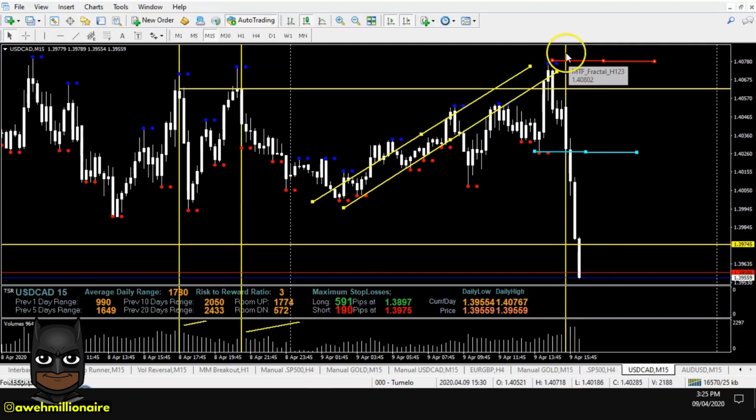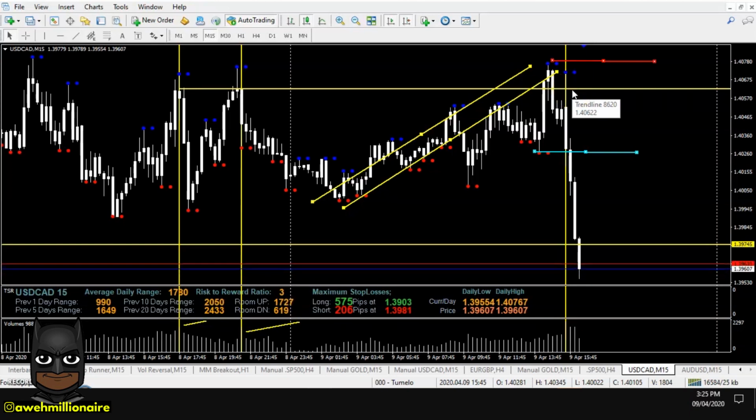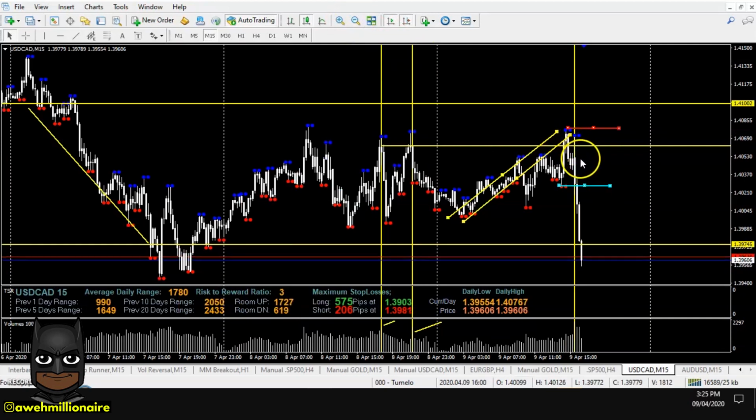So price came out, shot through the level, shot past, tested the level and shot down with high volume. So we already know that the banks were supporting this trade, and then you just let the banks do the rest, and as you can see, no interruptions, no problems. The trade went straight through and hit the TP with no interruptions and no problems.